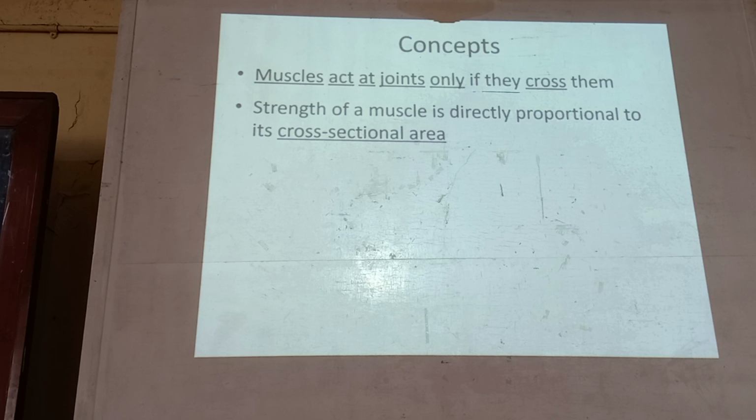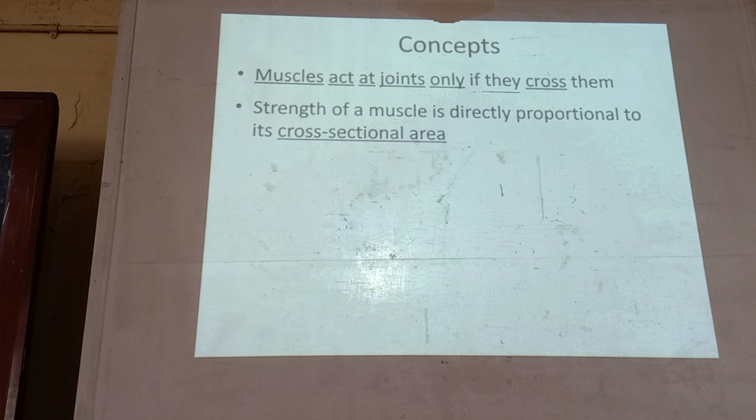Strength of a muscle is directly proportional to its cross-sectional area. What do we mean by cross-sectional area? We'll discuss that. It is understandable that if you exercise the muscle, the number of muscle fibres does not increase, but the diameter increases.